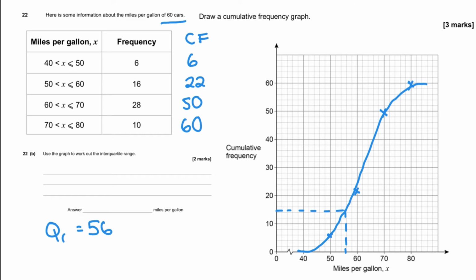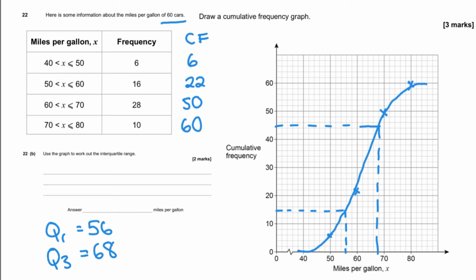The upper quartile is going to be at 45, three quarters of the way through the 60 cars. So if we draw a line up to the curve and then read the data at the bottom, the upper quartile is going to be 68 miles per gallon.